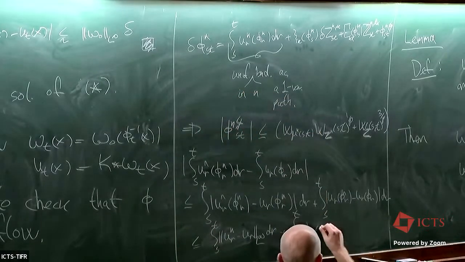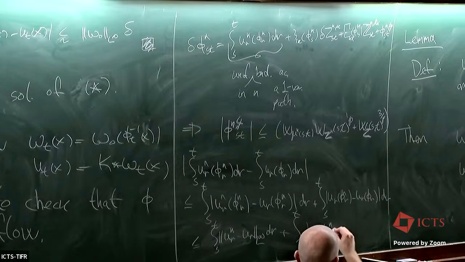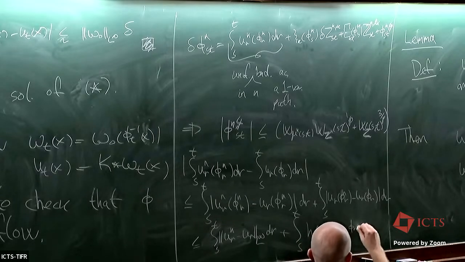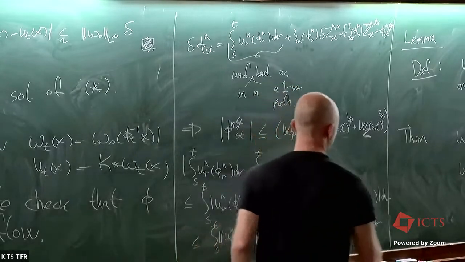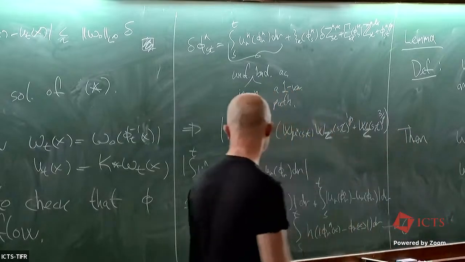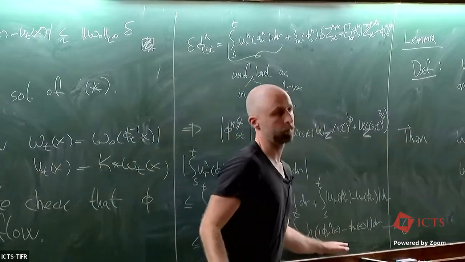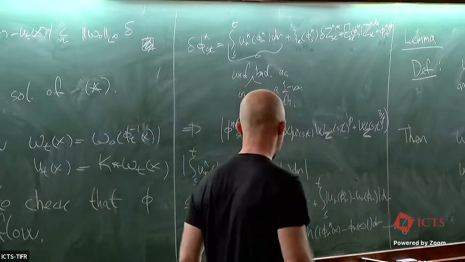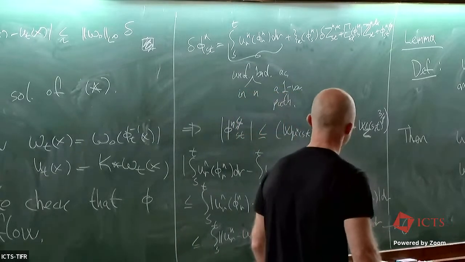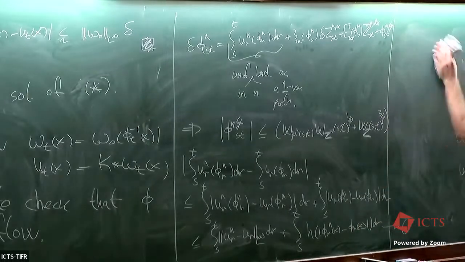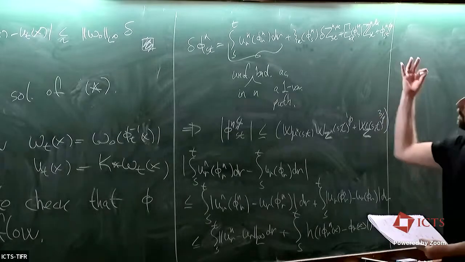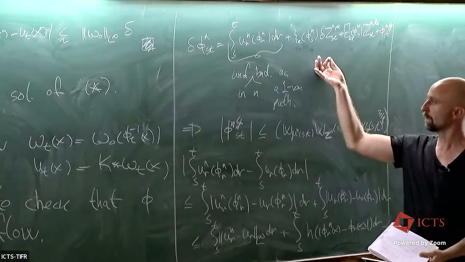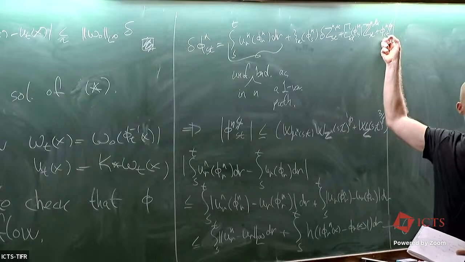So here you plug like this, and this one goes to 0. We just showed that this one goes to 0, and this one clearly goes to 0. Okay, so all terms are bounded, all terms are converging. Necessarily this one is also converging.